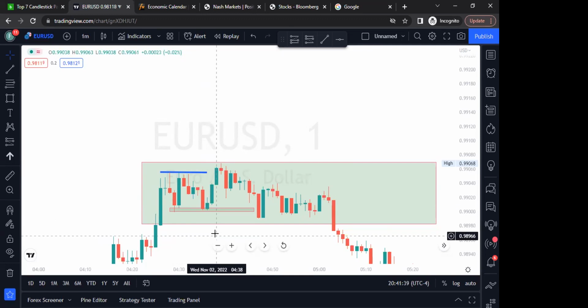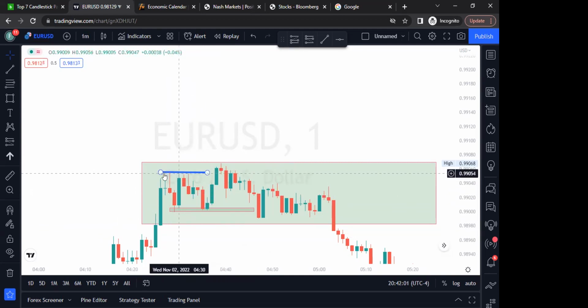Yes. Okay. So this will be my entry point right here, simply because once price was coming downward and I saw the rejection happen, which is this green candle, push the price back upward, I'll go ahead and buy here. Take profit would be at these equal highs right here.